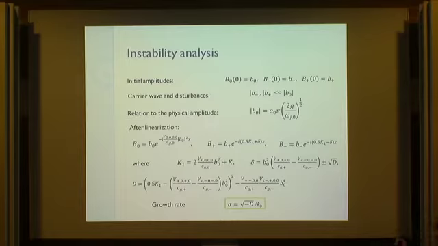Remember, we had the Zakharov equation, and there were amplitudes B. Here I call it B0, which is the carrier wave, and B minus and B plus, which are amplitudes on both sides of the frequency. So we have initial conditions here, and to make a linearization process, we say that the amplitudes of sidebands are much smaller than the amplitude of the carrier.